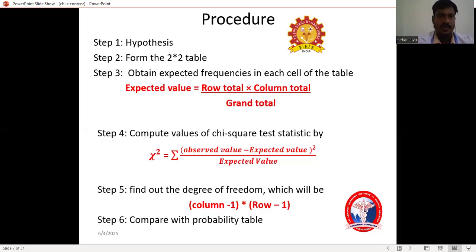It is 3.841 for 1 degree of freedom. Don't forget it is 3.841 for 1 degree of freedom. It is for the 5% significance level. If the researcher wants to know the 1% significance level, the probability value will change.